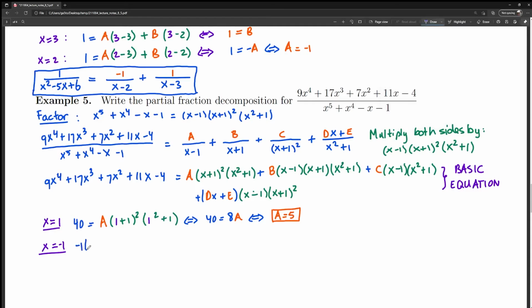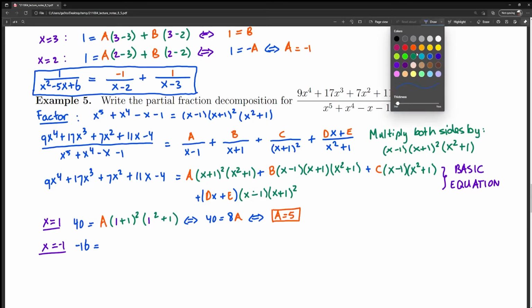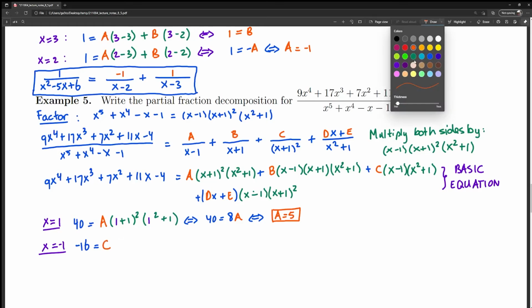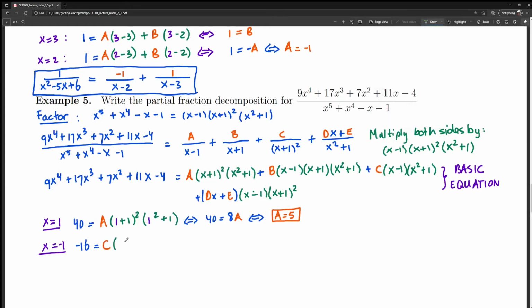Now, on the left-hand side, if you plug in negative 1, you get negative 16. And on the right-hand side, we see that the only term that doesn't have an x plus 1 in it is the term with the coefficient c. So we're going to have c times negative 1 minus 1, and then multiplied by negative 1 squared plus 1.